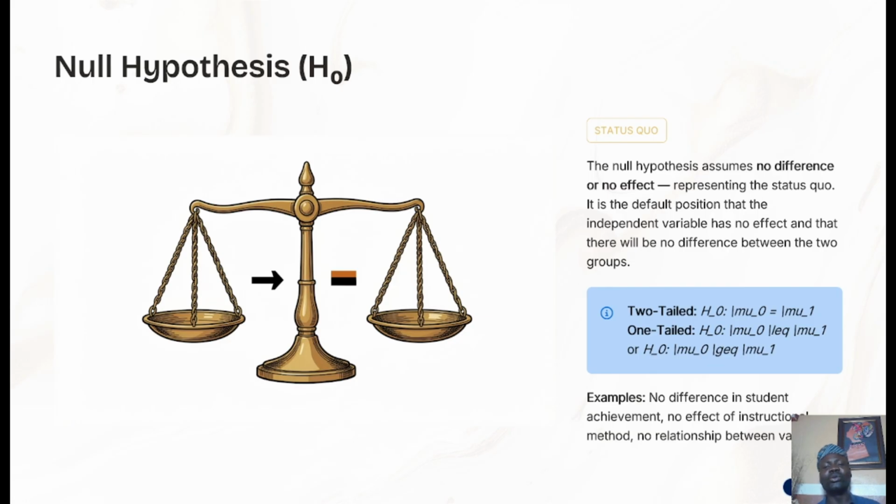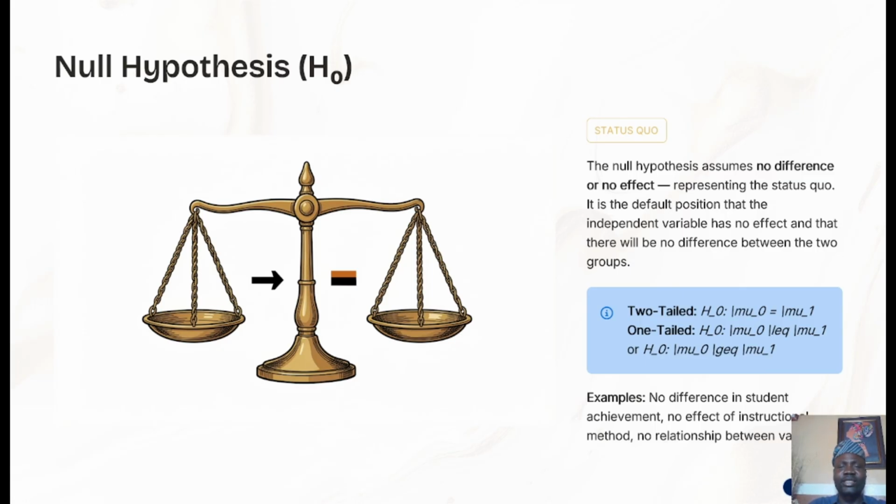So let's start with the concept of null hypothesis. When we have a null hypothesis, it is assuming that there is no difference. That means between the two groups that we are carrying out research on.